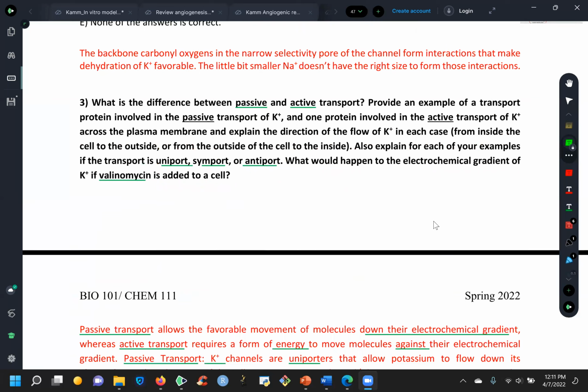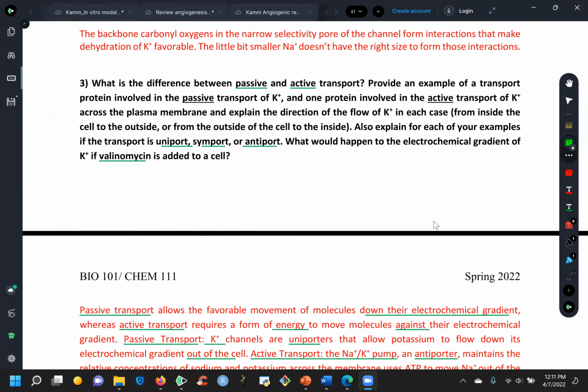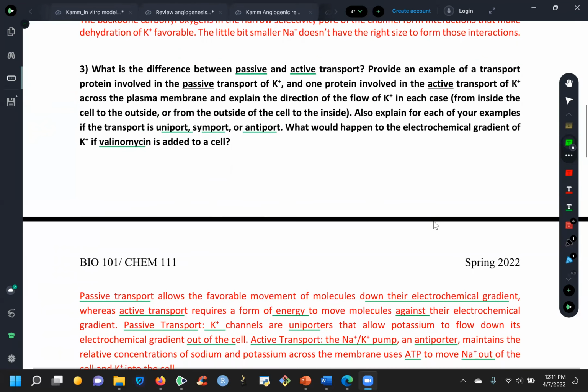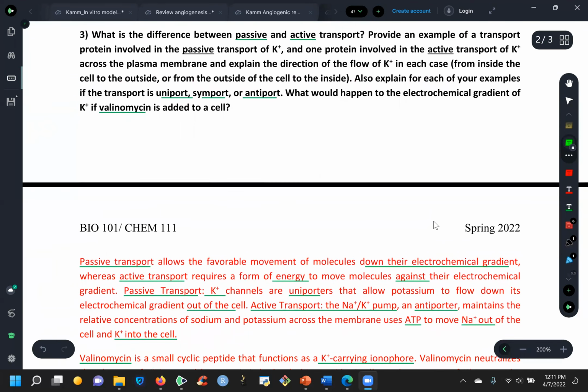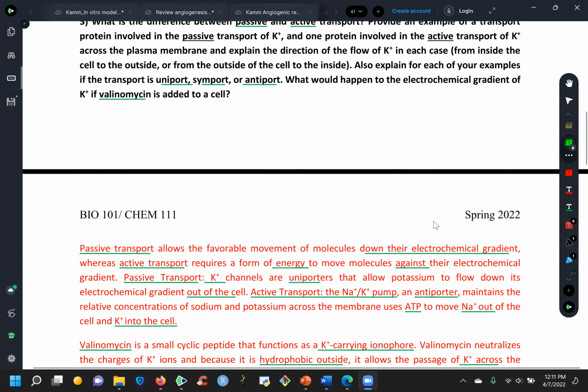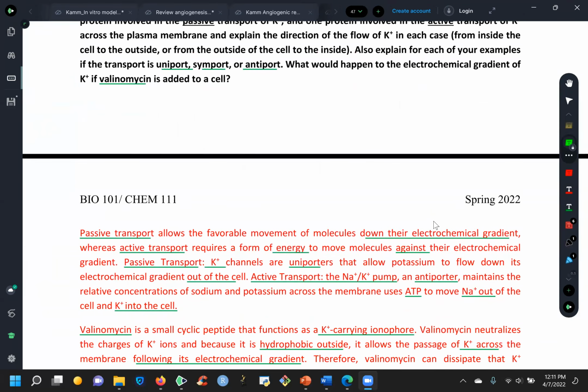So again, know your definitions, and then they want you to provide examples from lecture. Also explain for each of your examples if the transport is uniport, symport, or antiport. What would happen to the electrochemical gradient if valinomycin is added to a cell? So we covered that part.